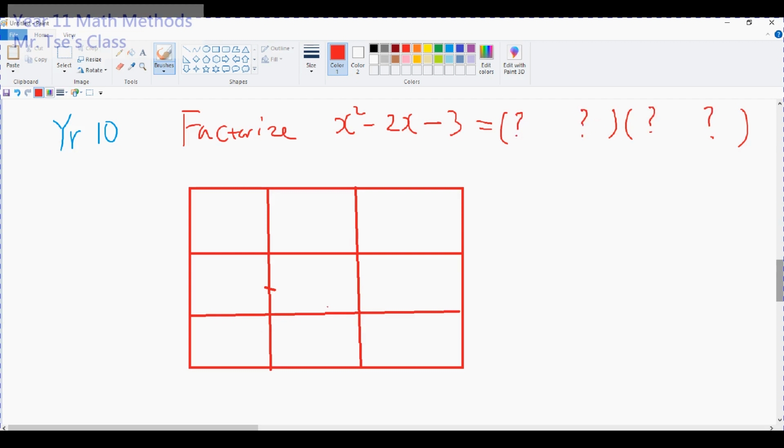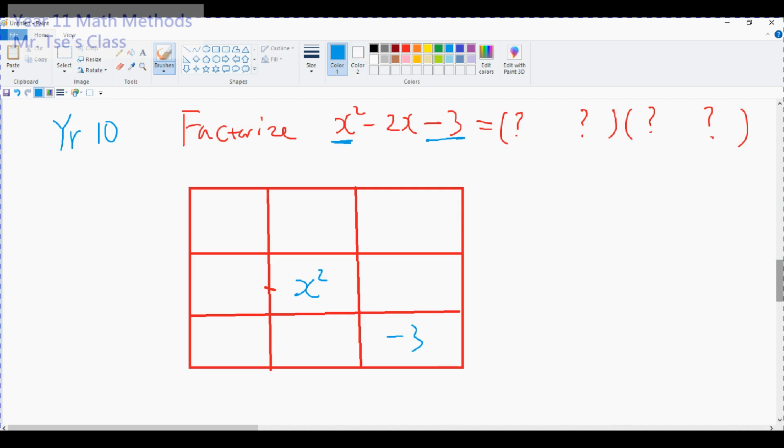What are the numbers, or what are the polynomials? To do the tabulation, all you need to do is fill in the first term x squared over here, so that's an x squared, and the last term minus 3 over here. You don't need to worry about the middle term at the start.